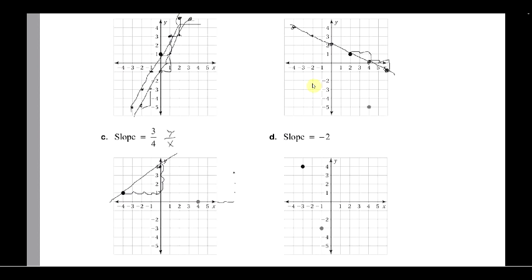I'd be way out over here. You can go the opposite way. Remember, if you go over left, which is a negative x, and down 3, which is a negative y, negative divided by negative is positive. 1, 2, 3, 4, down 1, 2, 3. It's good practice to count all of these.